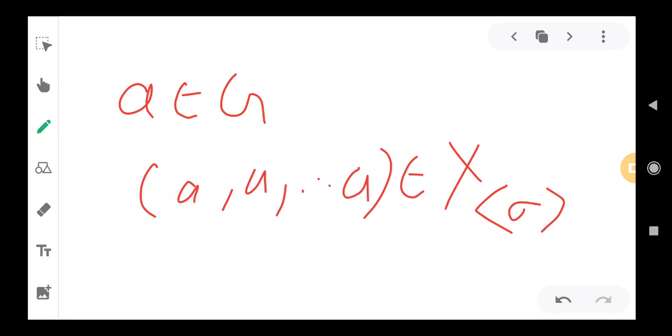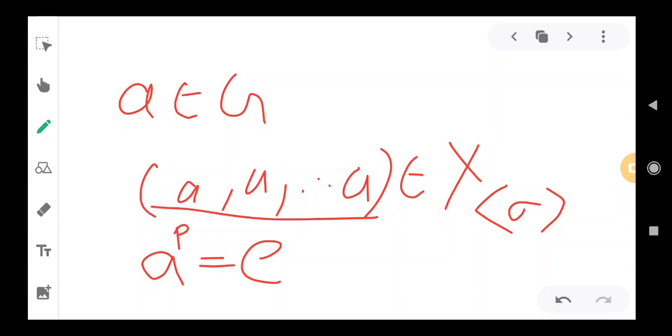Hence, what we can say is a power p, taking p times, is equal to the identity e, which implies that the order of a is p. So a has order p.